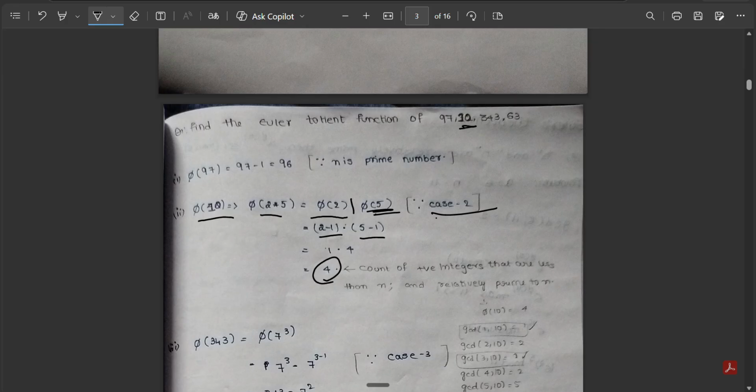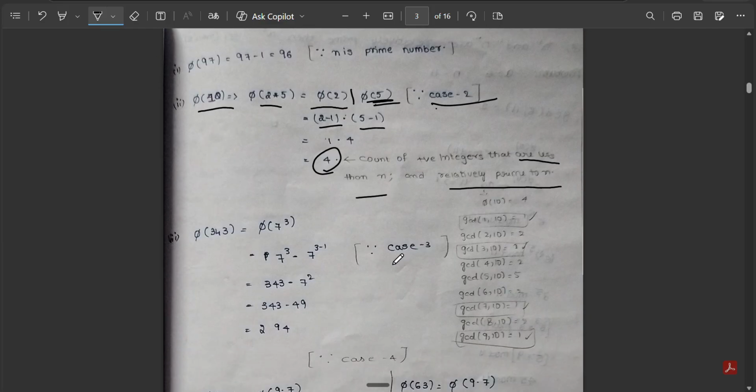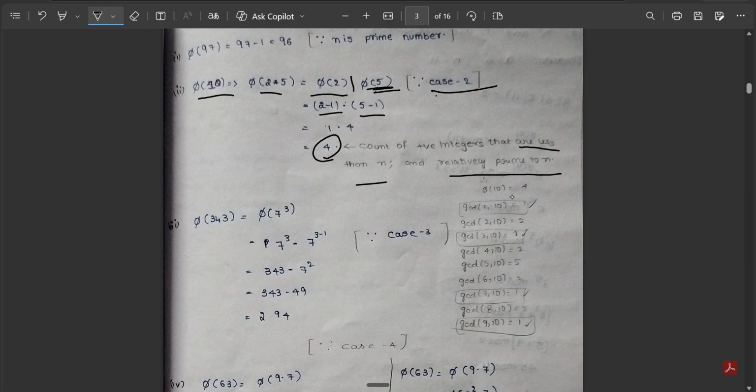Now let us see what the definition exactly means: the count of positive integers that are less than n and are relatively prime to n. Look here, the Euler Totient function of 10 is equal to 4. This is the value which we get. Now we are going to find the GCD of 1 comma 10, 2 comma 10, 3 comma 10, 4 comma 10, 5 comma 10, 6 comma 10, 7 comma 10, 8 comma 10, and 9 comma 10.